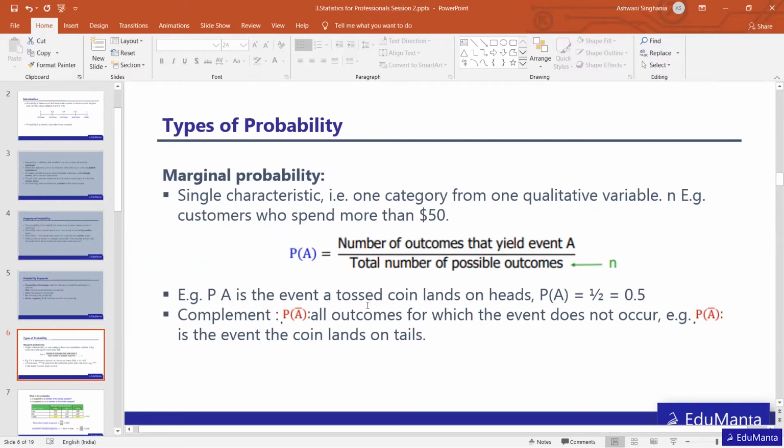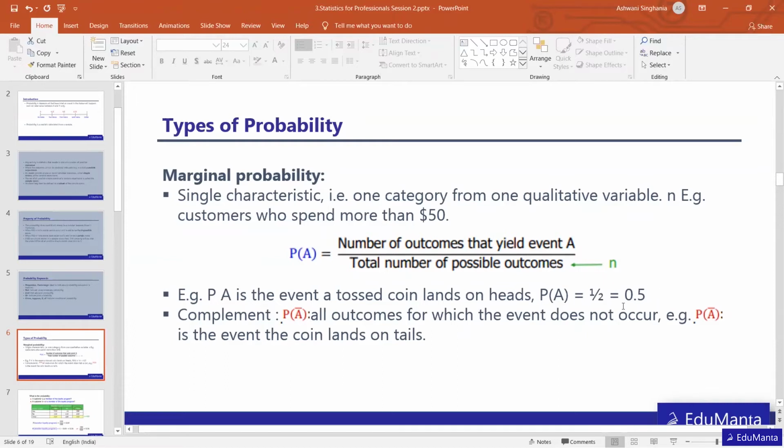For example, if we toss a coin, the probability of landing head is 1 by 2, because the total number of outcomes is 2, whereas we are looking for head. So 1 for head and 2 for two possible outcomes.